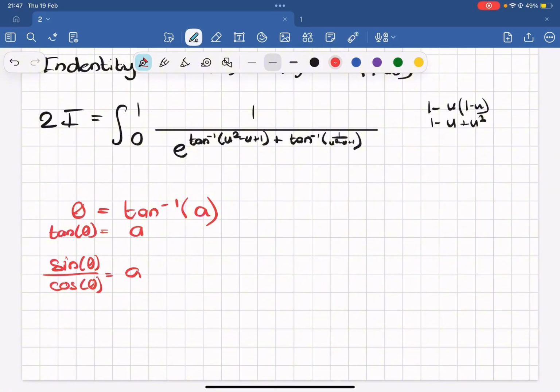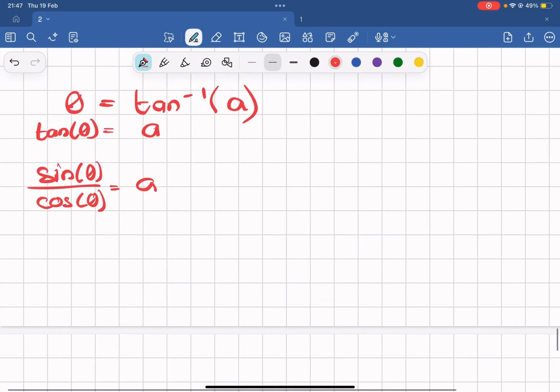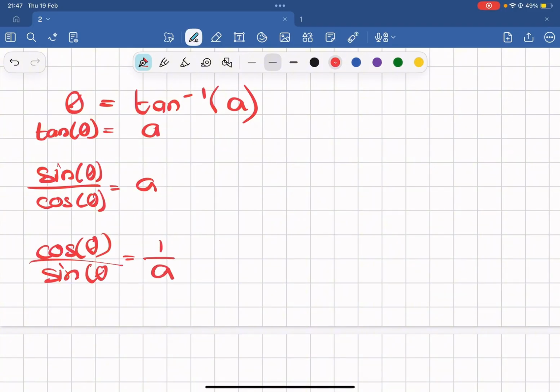It's A. Now if we just flip both sides, we have cos theta over sine theta equals 1 over A. And to further simplify this, we need to use the fact that cos theta equals sine of pi over 2 minus theta.